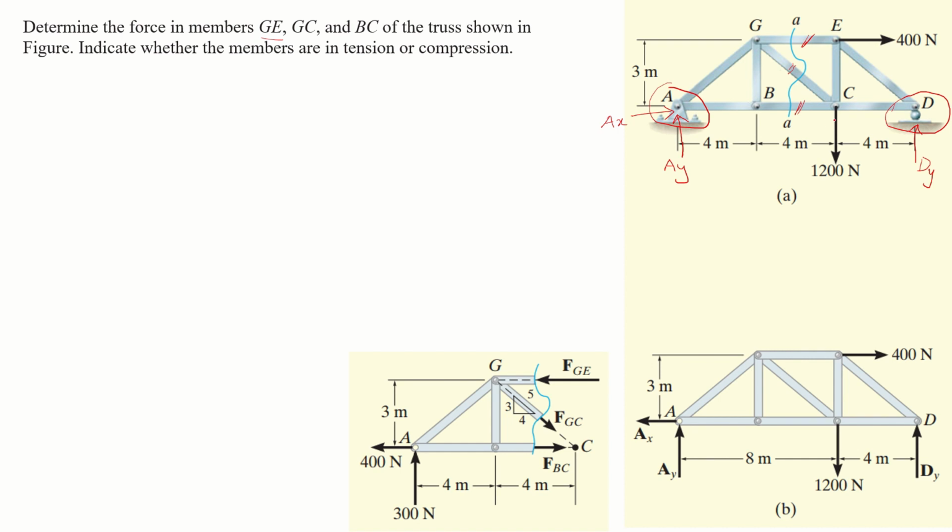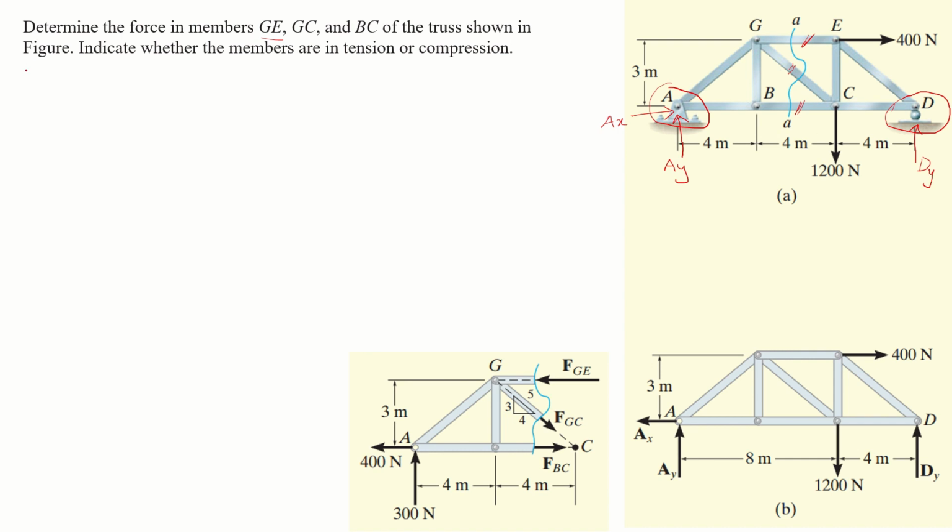Also, there are two applied forces of 1200 Newton at point C and 400 Newton at point E. So we need to find these three reaction forces. To find these reaction forces, we will consider this whole truss to be in equilibrium. So we apply the equilibrium equations to this whole truss to find these three unknowns, AX, AY and DY.